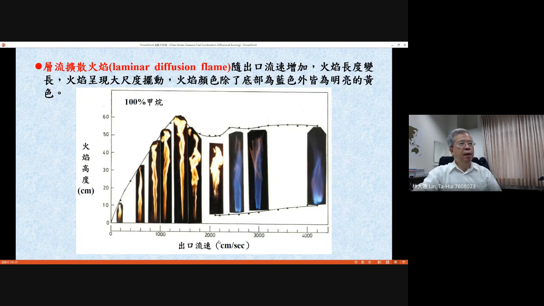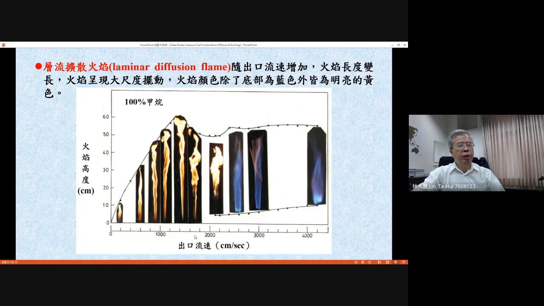The first one is the change of the flame length. From our theoretical prediction, with a simple formulation, the flame length is proportional to the injection velocity. That means when you increase the injection velocity of the fuel, the flame length will increase almost linearly.